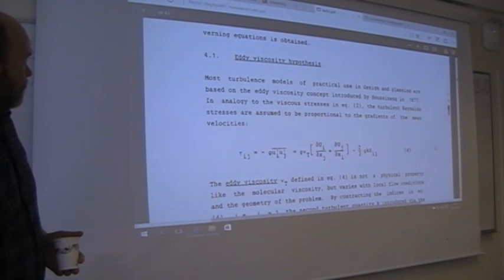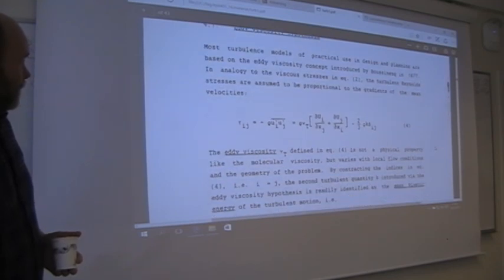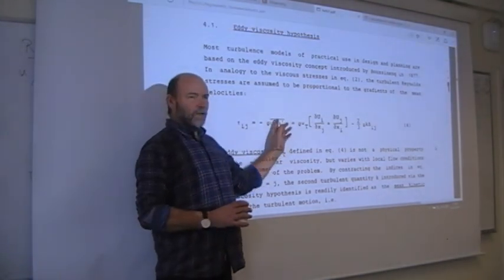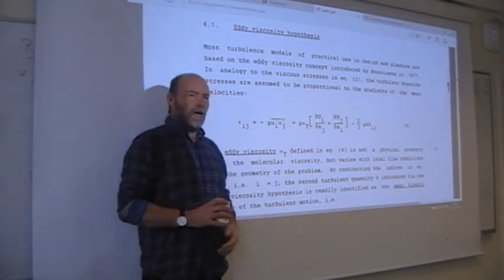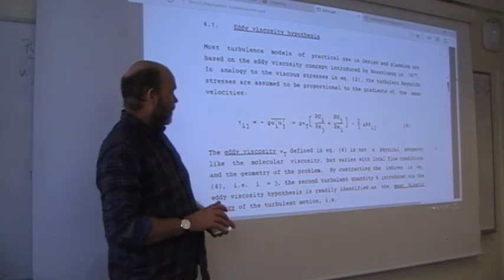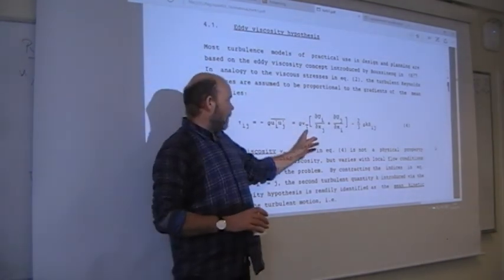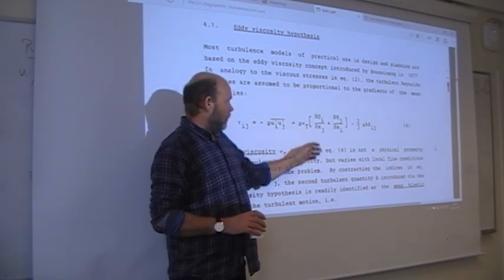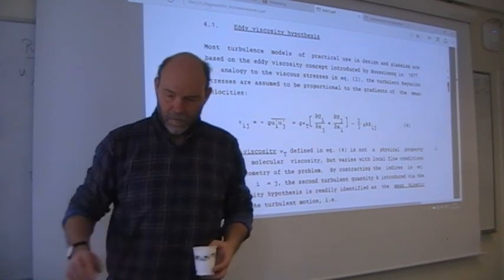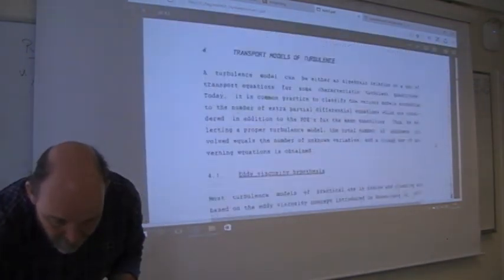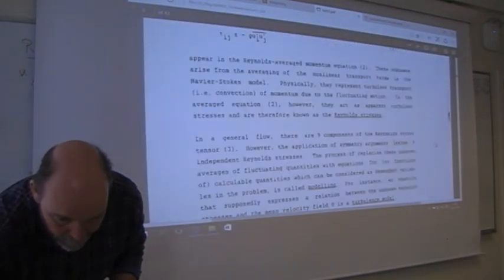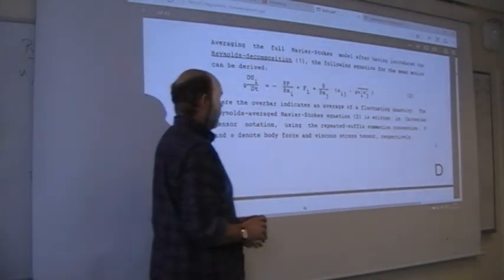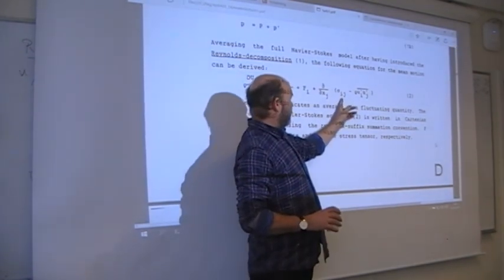And it's not so stupid, actually. In philosophy, a little bit like this turbulent behavior, it acts like a stress, acts like a diffusion mechanism. So it sort of belongs together with the molecular viscosity. If you think of the basic equation that we had somewhere here. How does it look?